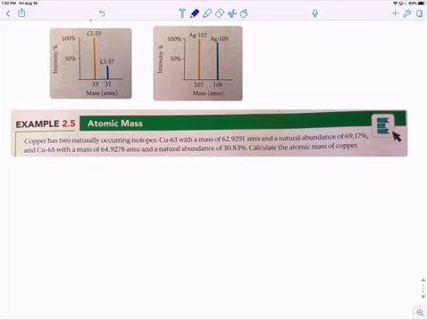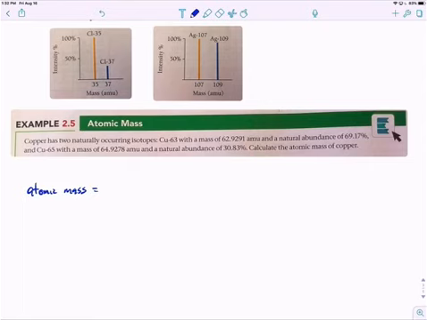Copper has two naturally occurring isotopes, copper-63 with that mass and that abundance, and copper-65 with that mass and that abundance. What is the atomic mass of copper? Let's do this. It's the weighted mass, so it's the ratio. So what you do is the atomic mass.